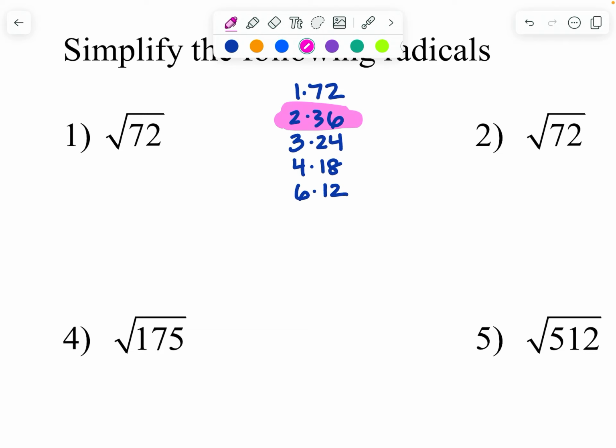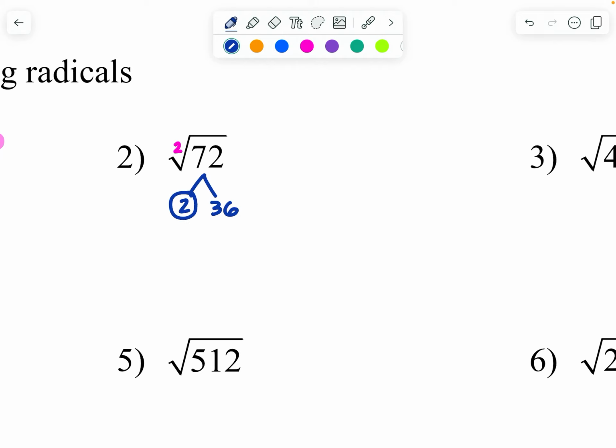I'm going to start with 2 times 36, and then anytime you get a prime number, you're going to circle it. 36, well, that's 2 times 18. 18, that's 2 times 9, and 9 is 3 times 3. And now I'm going to rewrite my square root as the square root of 2 times 2 times 2 times 3 times 3.